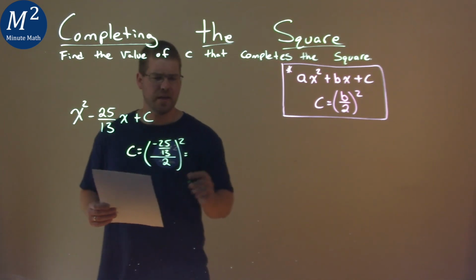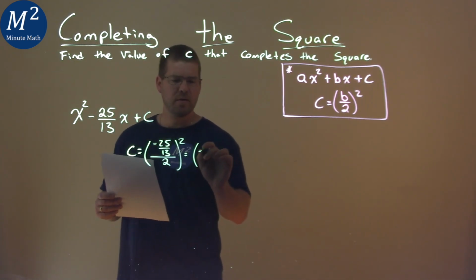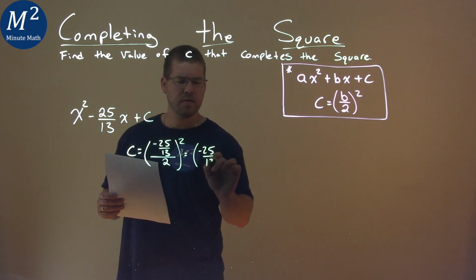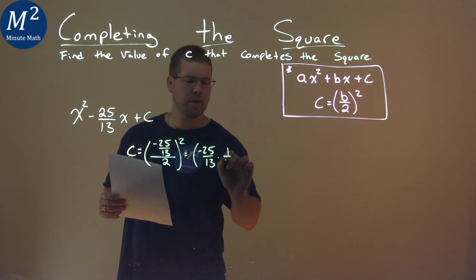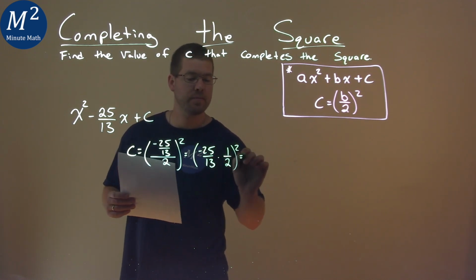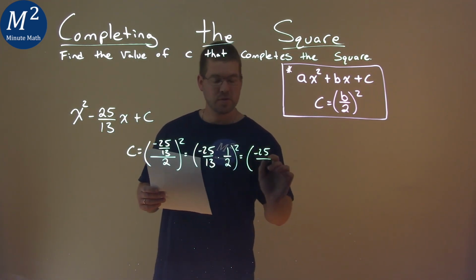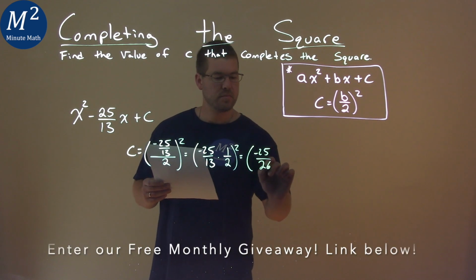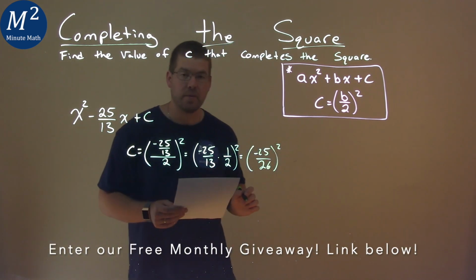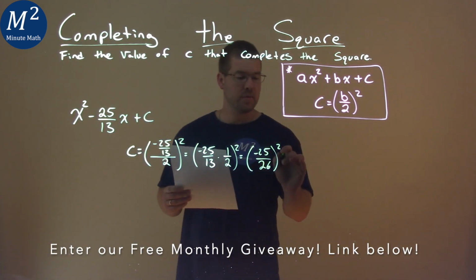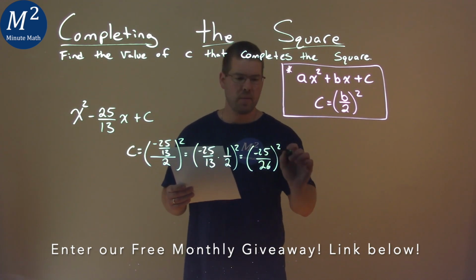Well, what does this really equal? To see it better, negative 25 over 13 divided by 2 is the same thing as multiplying it by 1/2. This simplifies here to be negative 25 over 26, and that's all squared. So when we square this, it's really squaring the numerator and squaring the denominator.